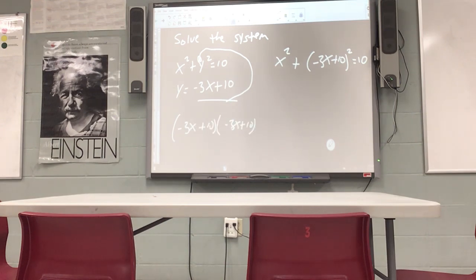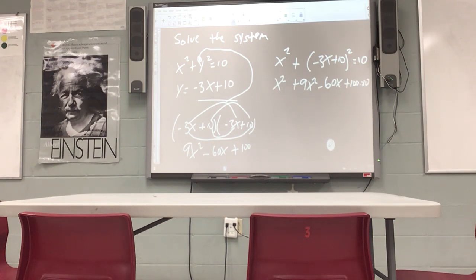So that's going to get me a 9x squared. Negative 3x times 10 is negative 30x. And then I got another negative 30x there. So that gives me a negative 60x. And then 10 times 10 is a hundred. So we got x squared plus 9x squared minus 60x plus 100 is equal to 10.